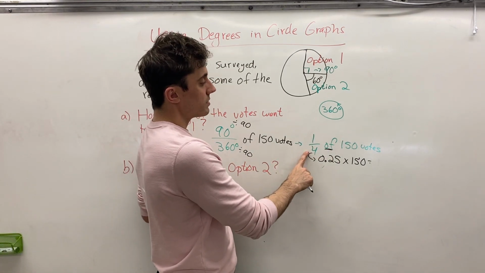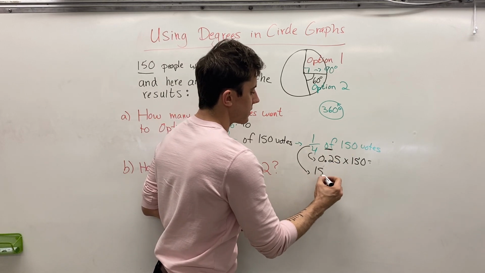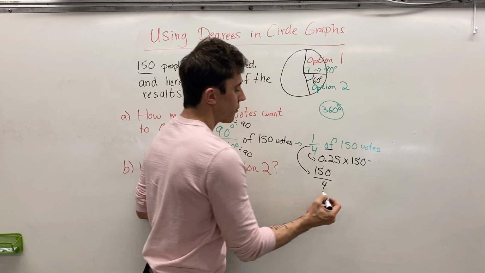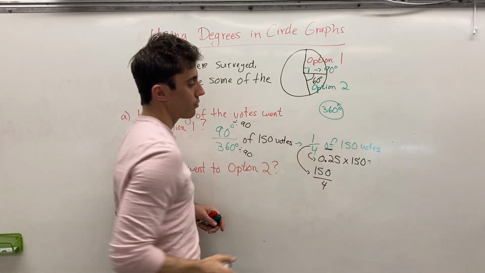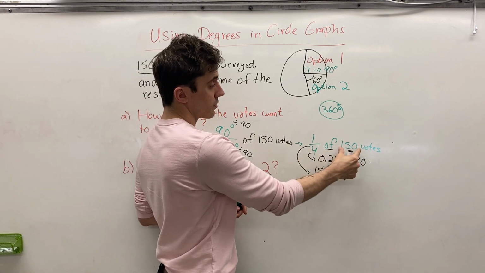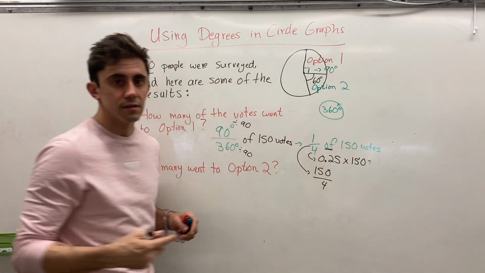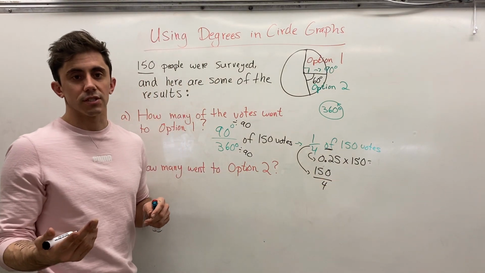So when we see a quarter of 150, that can also be written as simply 150 divided by 4. For those of you in grade 8 math and higher, you know how to multiply a fraction by a whole number, but an easy way to understand it is simply to think 1/4 of 150 can be thought of as 150 divided into 4 sections, right?